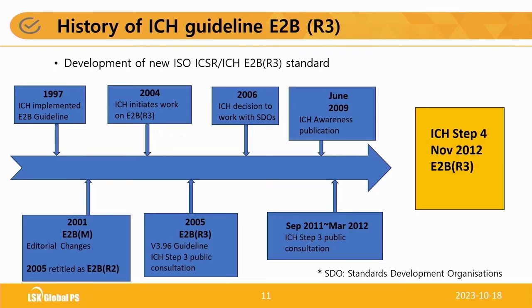So Danny earlier had walked us through in detail the history of E2B. From 1997, which was more than 20 years ago, the discussion began and the guidelines were developed. And E2B R3 went into step 4 in November 2012.